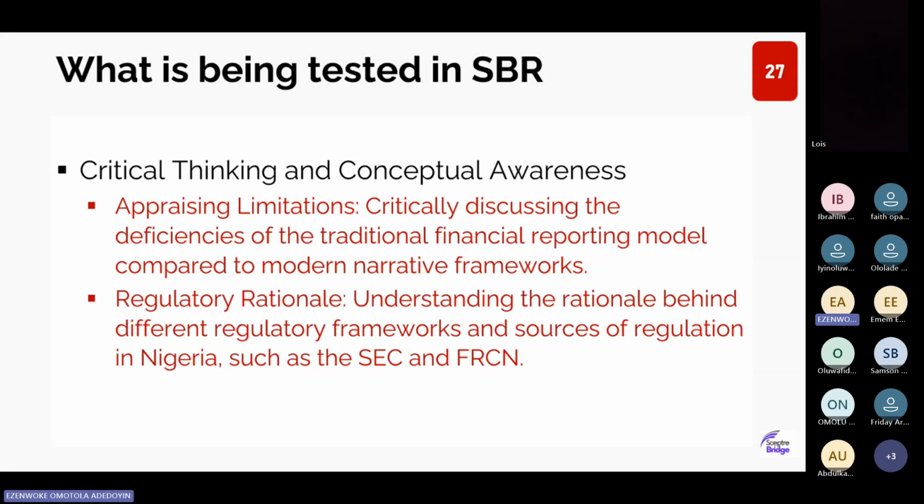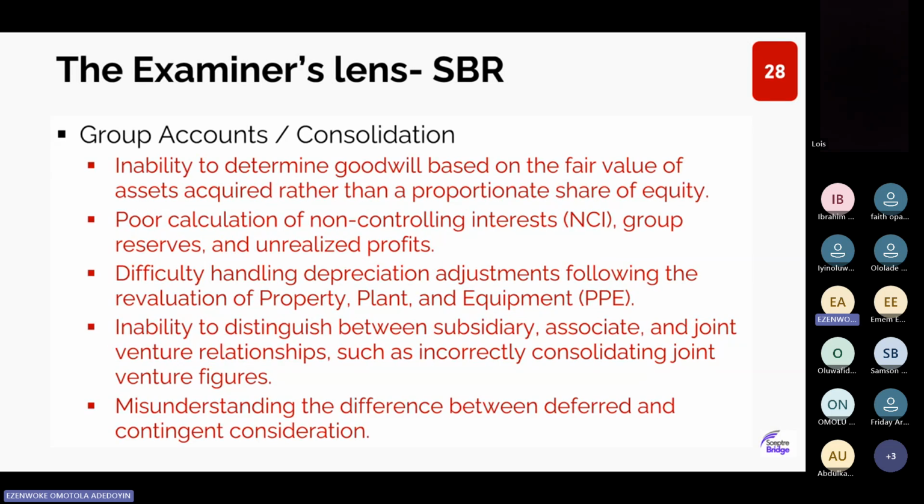Even though the dots are not clearly put together, you can see the dots. That's critical thinking. Conceptual awareness. Of course, how can you talk about financial reporting if you're not aware of what the standard is talking about? So where are you writing your own from? Like, what is guiding your own interpretation, right? And of course, a very good understanding of regulatory rationale, in terms of what the provisions of the Financial Reporting Council and SEC are. You need to understand what those things are.